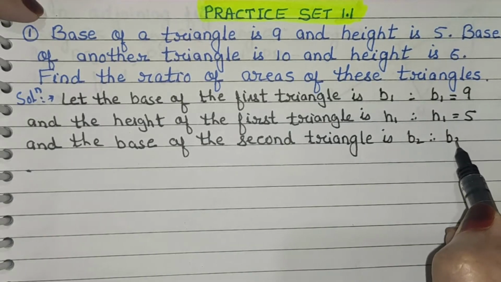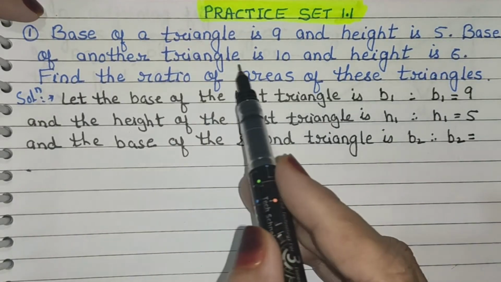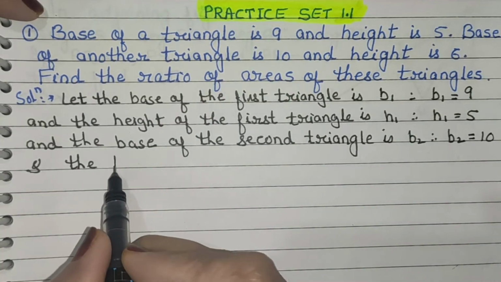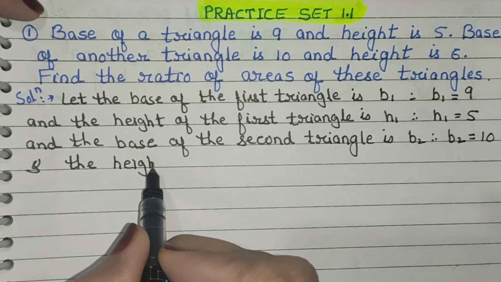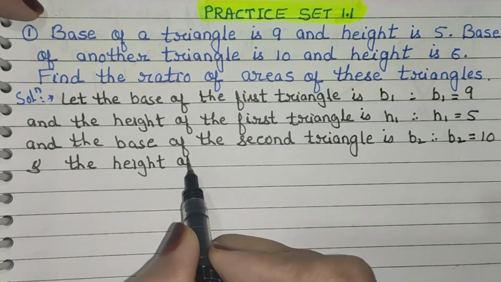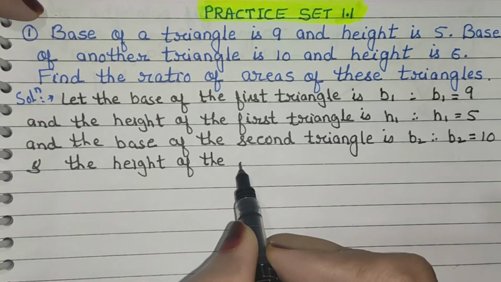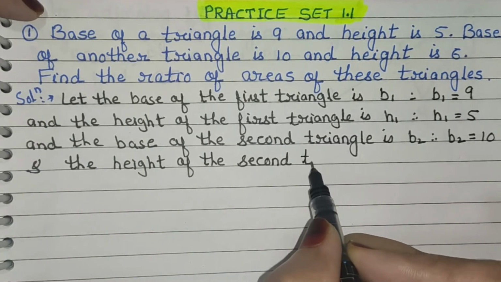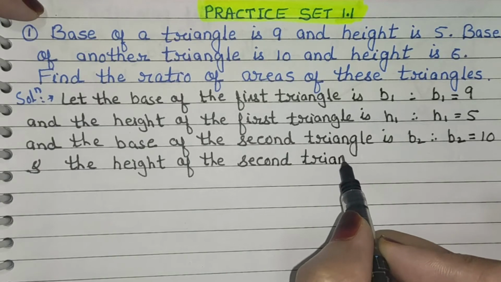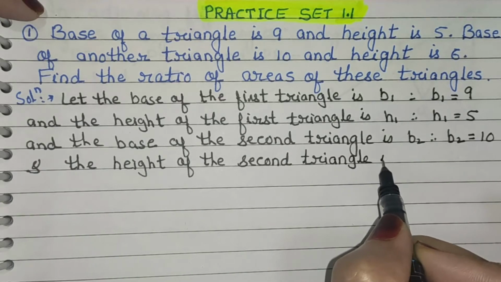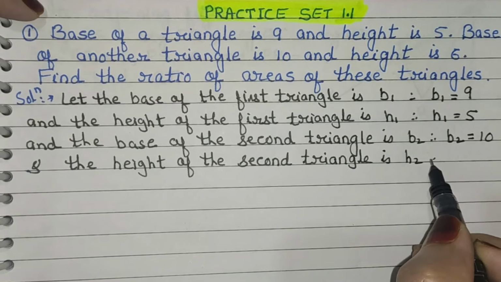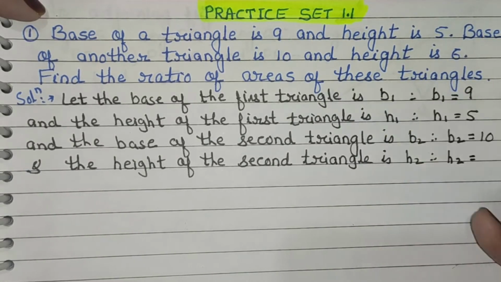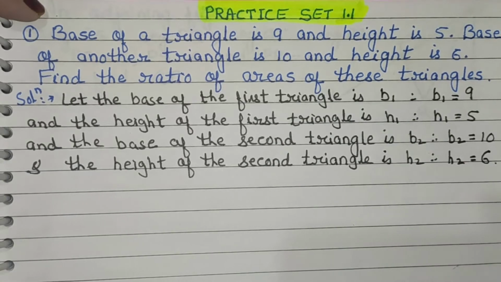Therefore, value of B2 is given here, 10, and the height of the second triangle is H2. Therefore, value of H2 is also given, which is equal to 6.